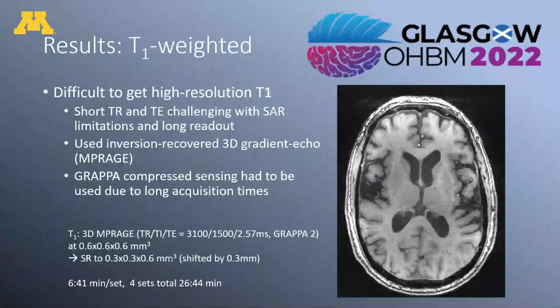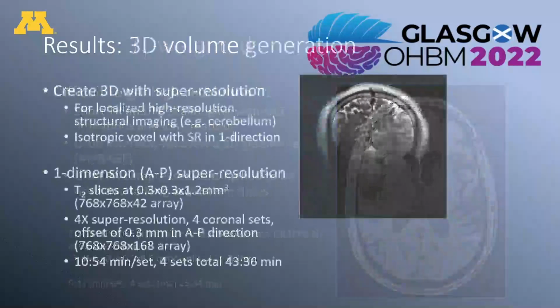So with T1, I struggled, and at the end I just used the MPRAGE, which I acquired at 0.6 by 0.6 by 0.6, and did SR to 0.3 by 0.3. It's one of the areas that I think needs a lot of work in the future: high resolution T1s that don't use contrast agents, I want to point out.